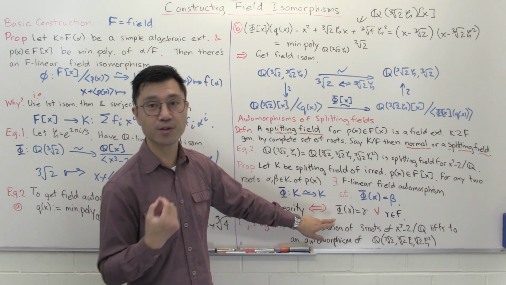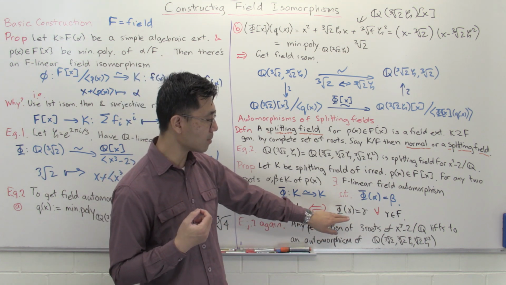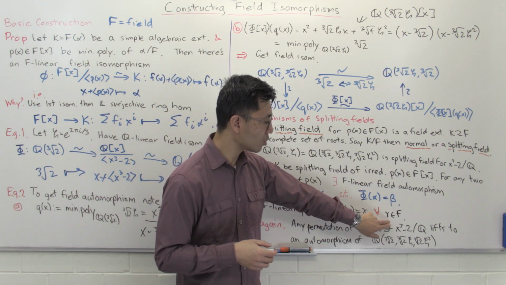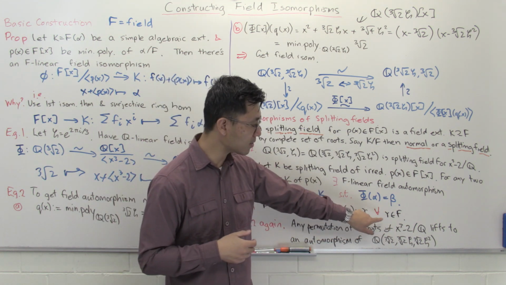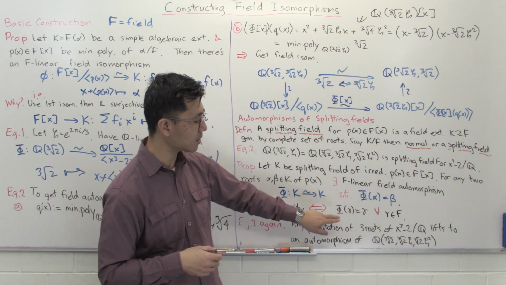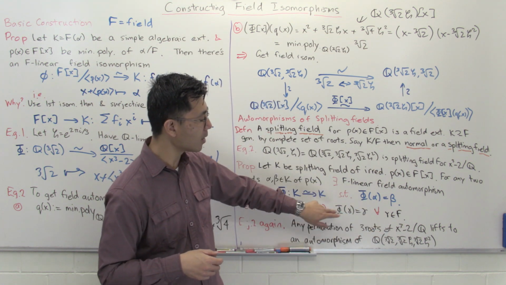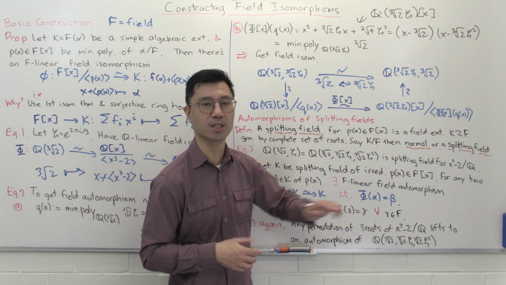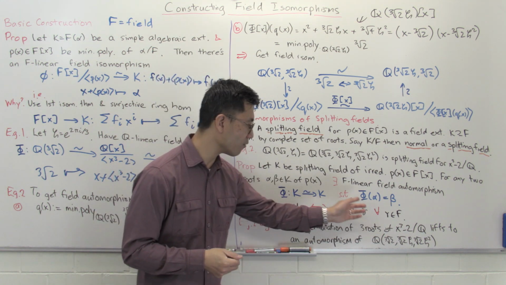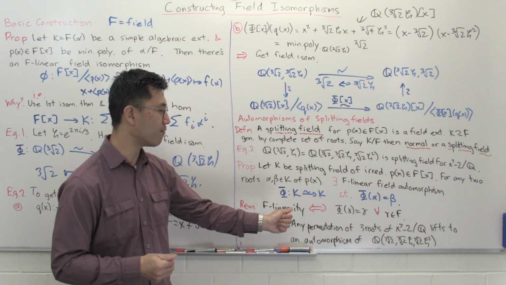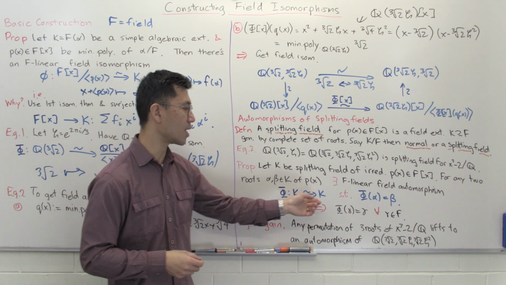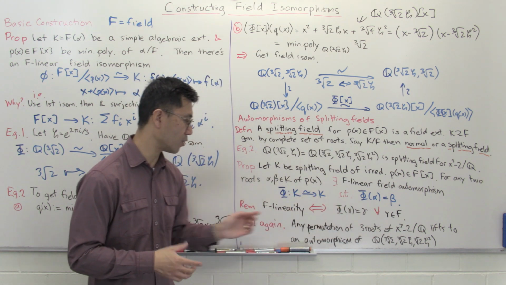Firstly, of course, field isomorphisms have to send 1 to 1, and if it's F-linear, so it preserves scalar multiplication by gamma, you can pull the gamma out, so it sends phi of gamma to gamma times phi of 1, so that's gamma times 1, which is gamma. And it's quite easy to show the converse: if this holds, then since this is a ring homomorphism, it preserves ring multiplication, so this is an F-linear map. So that's the converse.